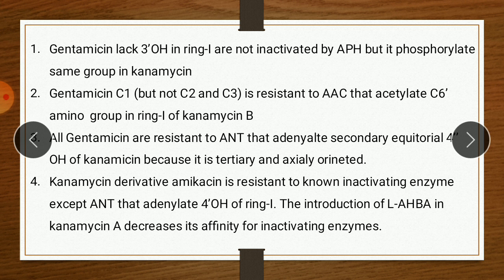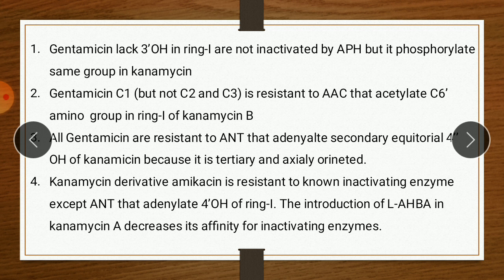Third point, all gentamicins are resistant to ANT that adenylates the secondary equatorial 4' hydroxyl group of kanamycin, because in gentamicin it is tertiary and axially oriented. In gentamicin we already saw the 4' hydroxyl group is present axially, meaning the hydroxyl group on the 4' position is axially oriented.